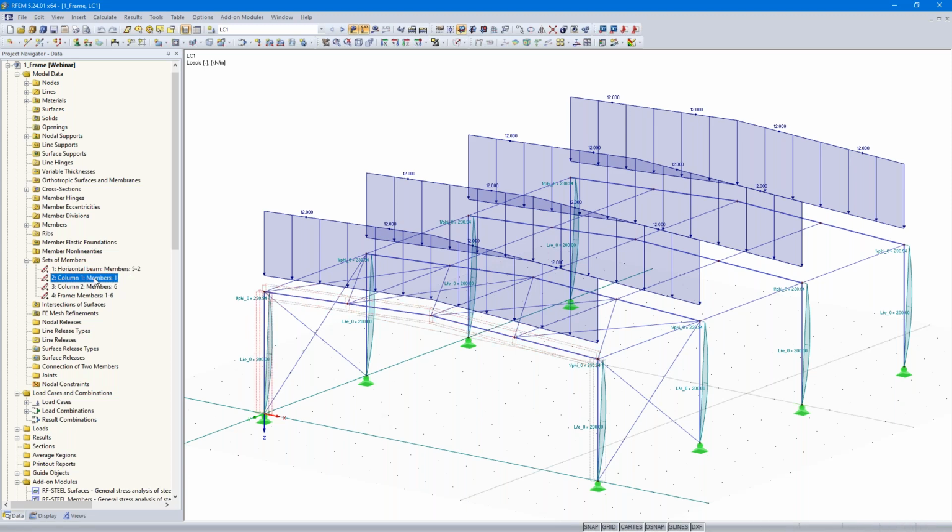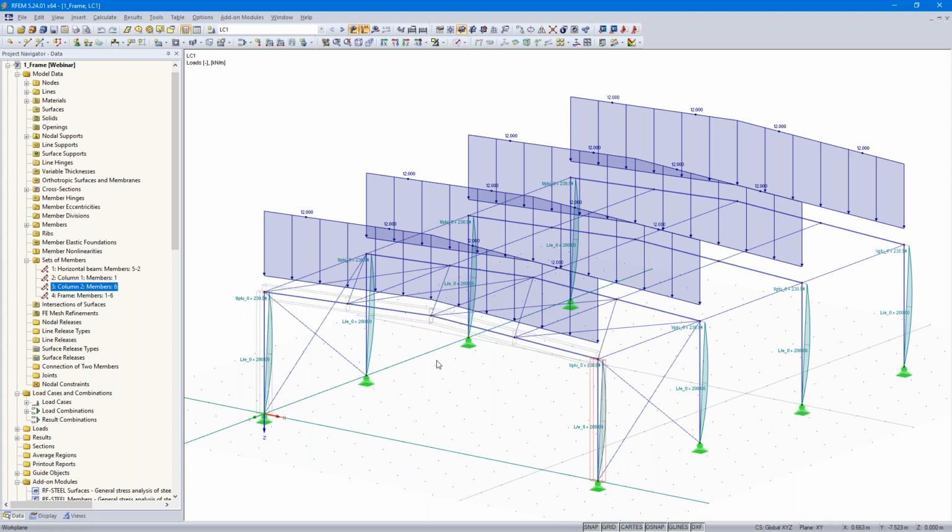Horizontal beam, column 1, column 2, and another set of members with the whole frame. I will apply that set of members for the general method. For the equivalent member method, I will apply these 3 sets of members.